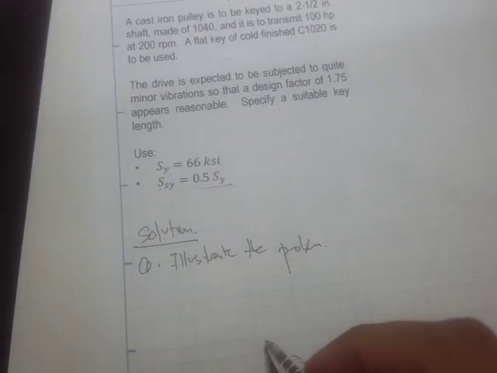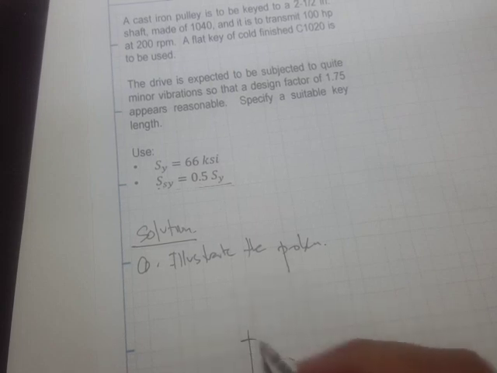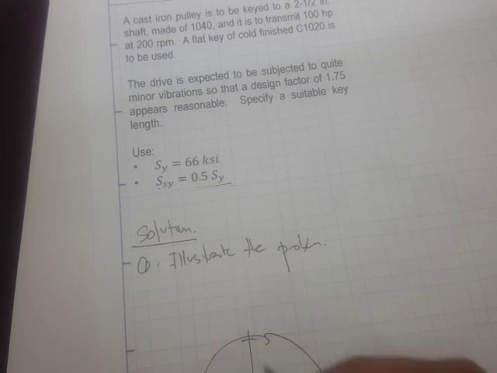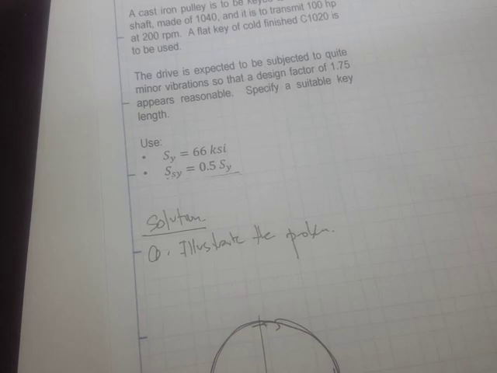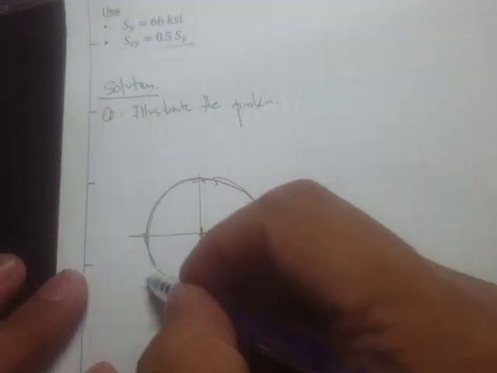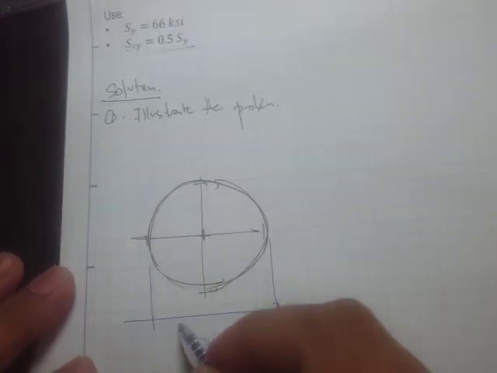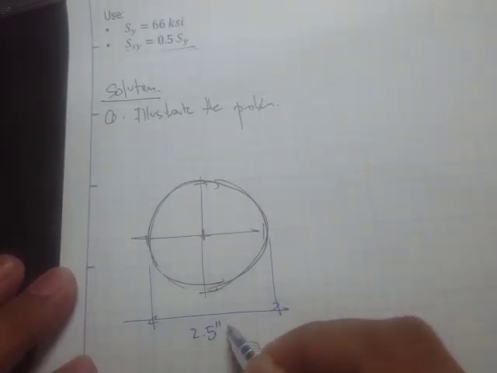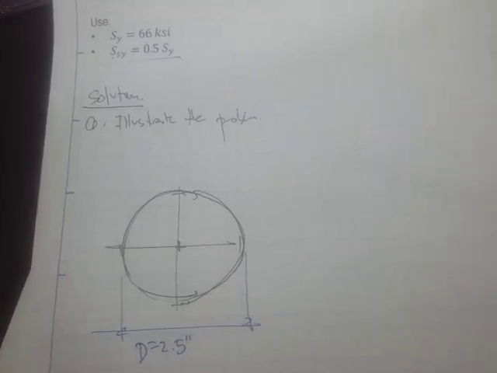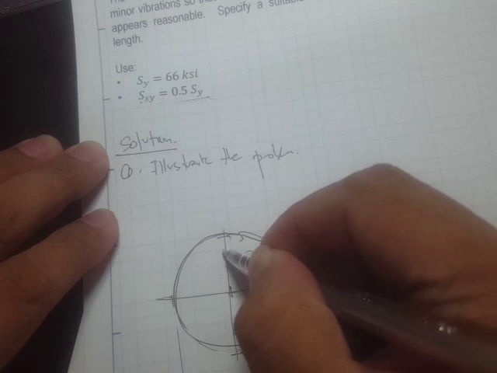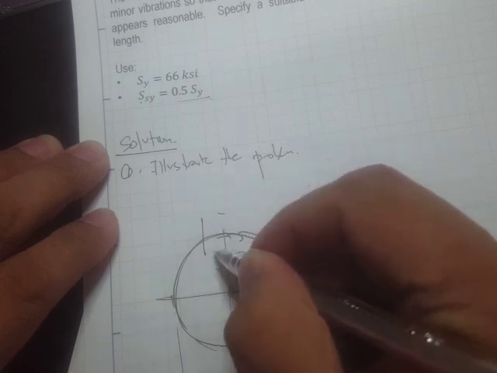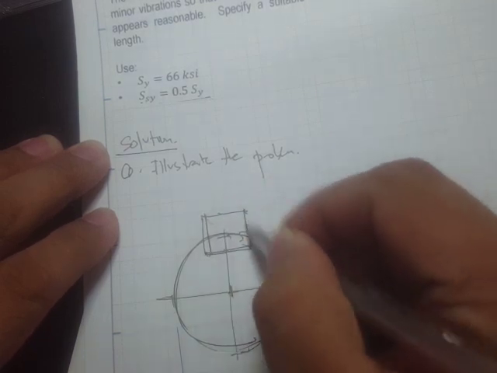So if here's our shaft, and the diameter of the shaft is 2.5 inches, recall from our relation that the key width would be d over 4.